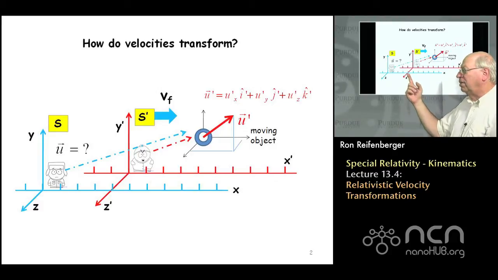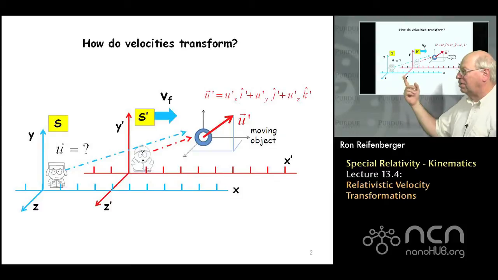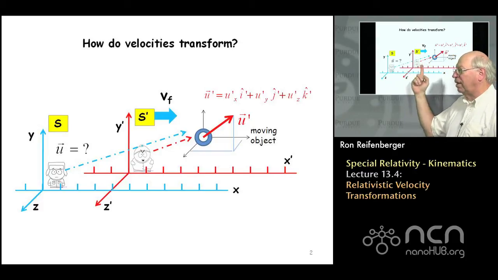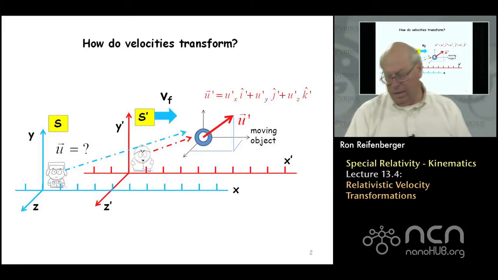The question is, if the observer in frame S measures the same moving object, what would he conclude about the velocity of that object using the rulers set up in his particular reference frame? So how do the velocities transform from S prime to S using relativistic transformation ideas?